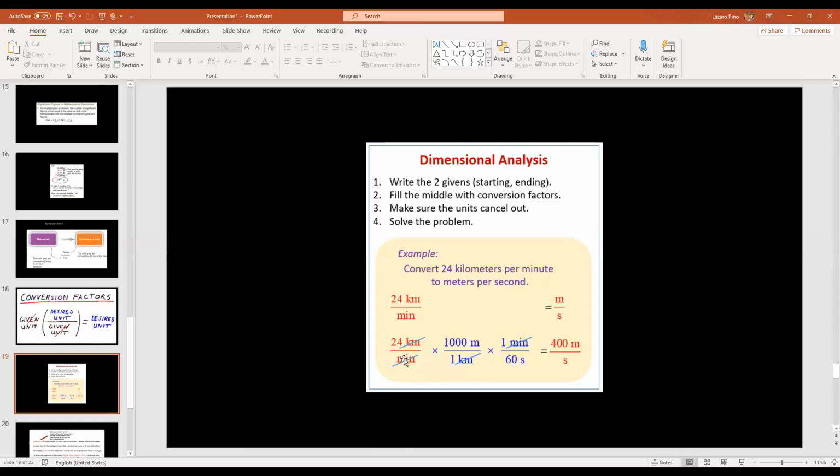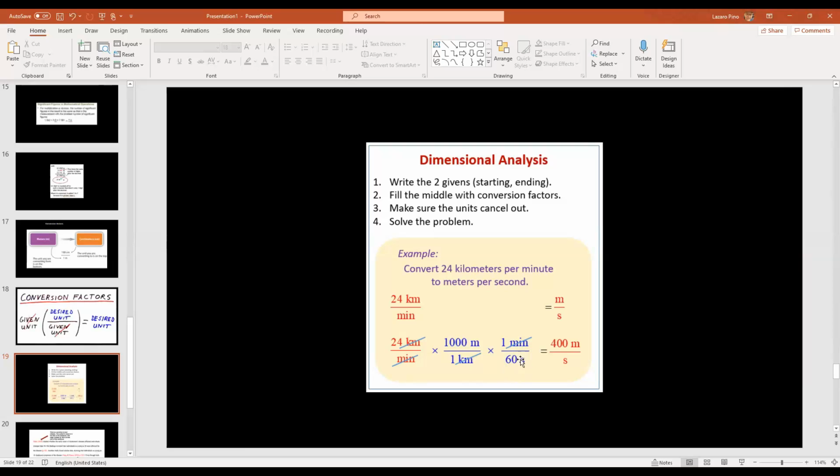But also you have to convert minutes into seconds. You know that 1 minute is 60 seconds. But you write minutes at the top in such a way that you can cancel this unit with the given one.